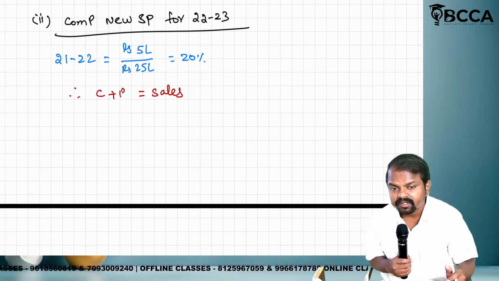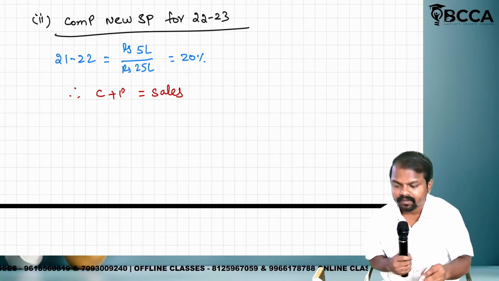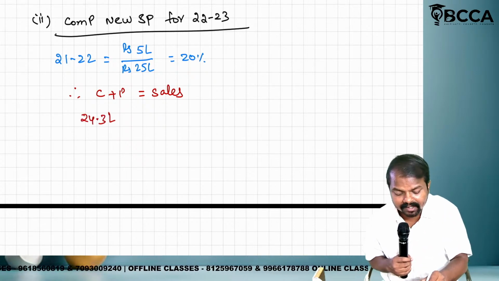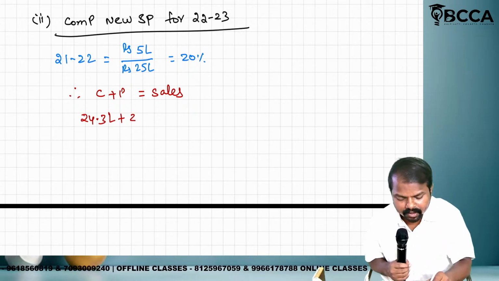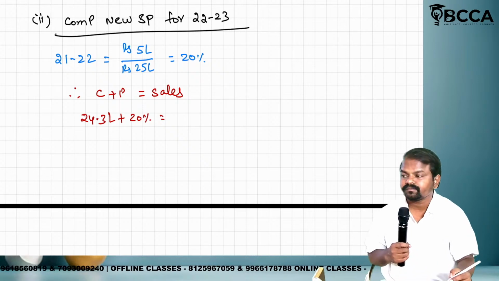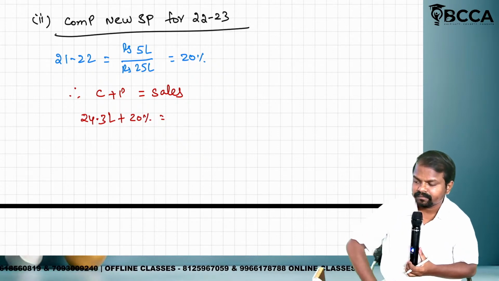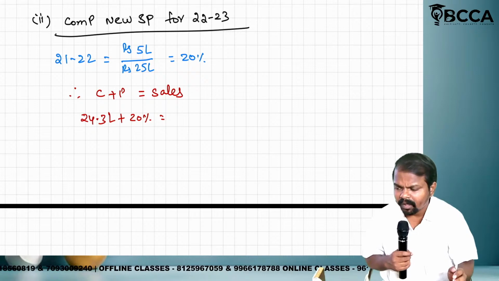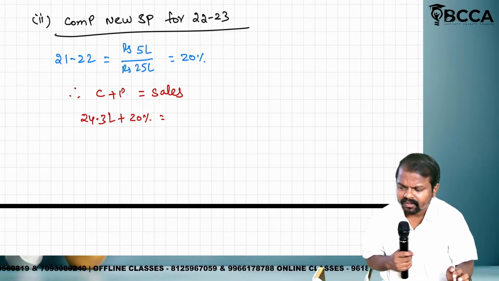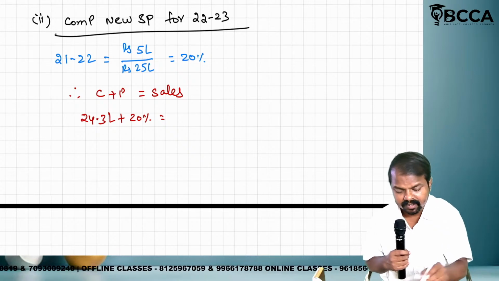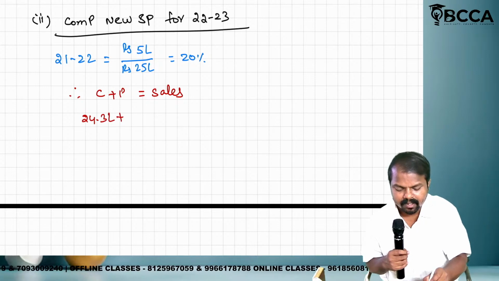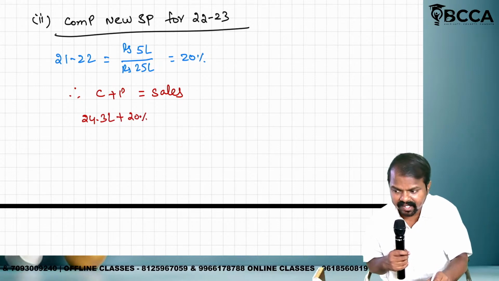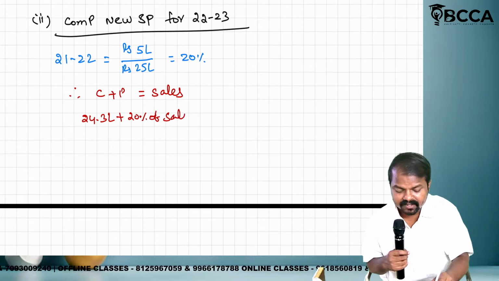What is the cost for 22-23? 24,30,000, we already computed. Plus, what is the percentage? 20%. What is the sales? Please take the calculator. Just wait. Listen: 24,30,000 plus 20% of sales is equal to sales.